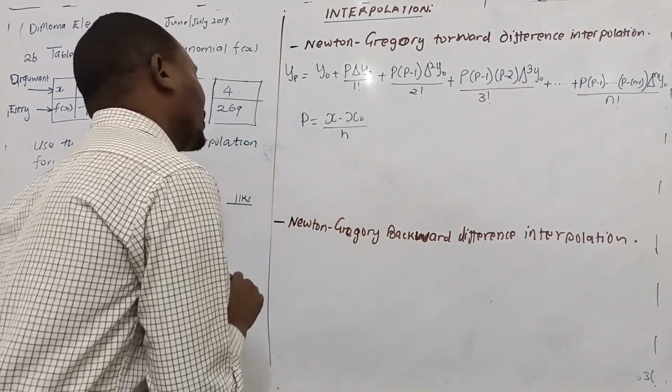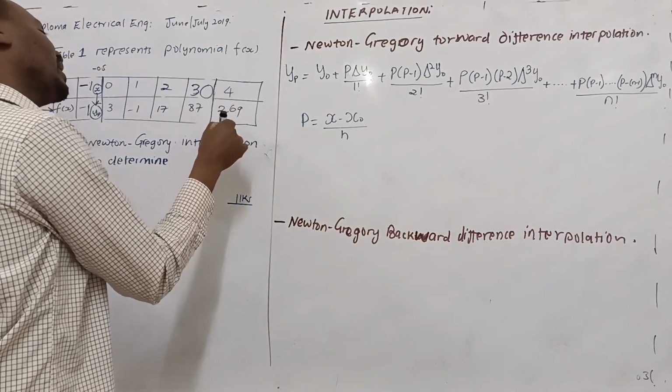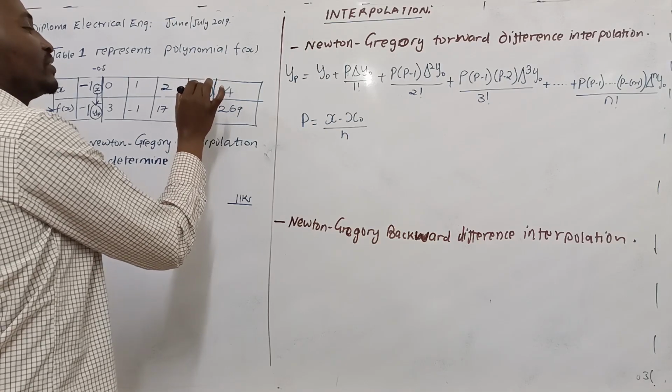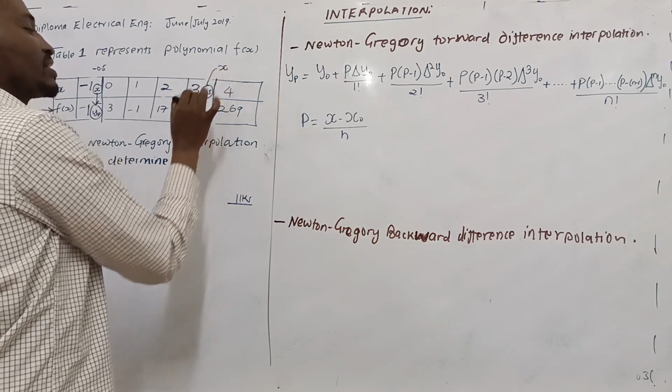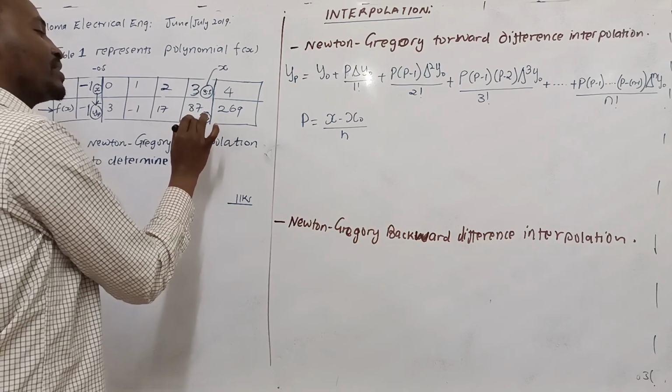Now, for backward interpolation, say there's a value of argument whose entry you are supposed to get, maybe 3.5. This is to be an X. Whatever value of entry you are supposed to get here will be YP.